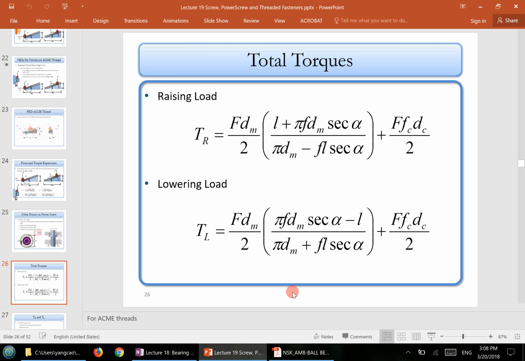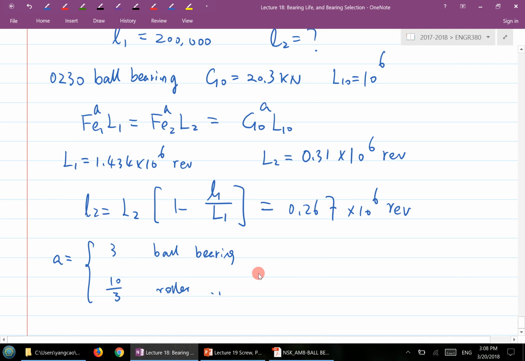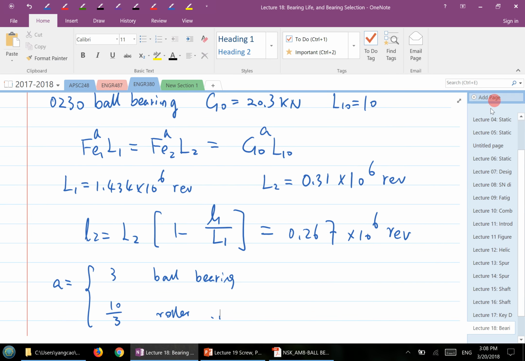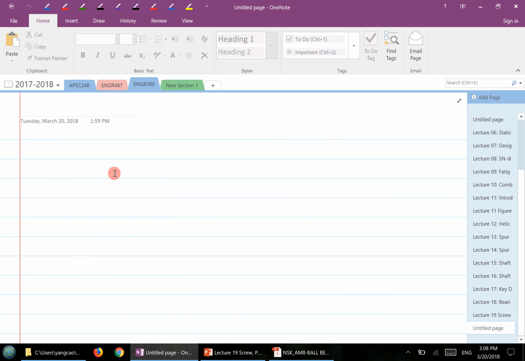So I just want to touch upon one thing here. Let's take maybe one little bit of knowledge here. Let's use a square thread to illustrate the concept.